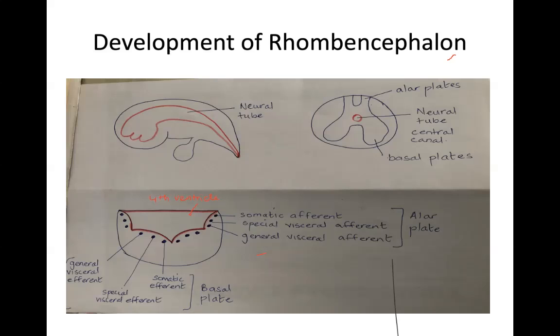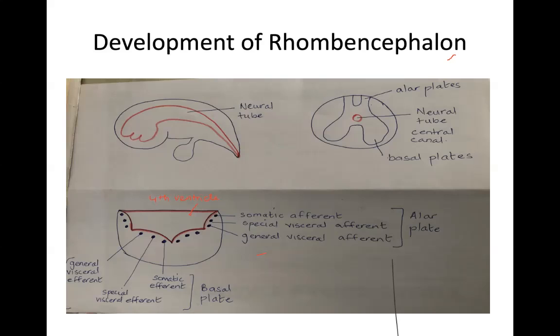Now, the last diagram on this slide, somebody has added another labeling. Very good. So I hope you understand how the central canal expands, and by its expansion, it's moving up.